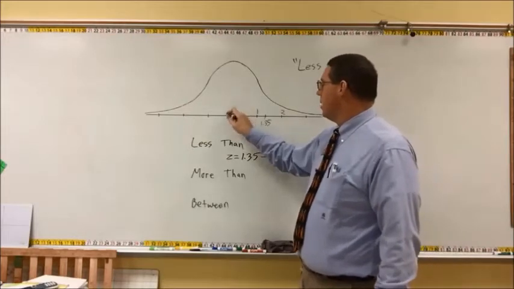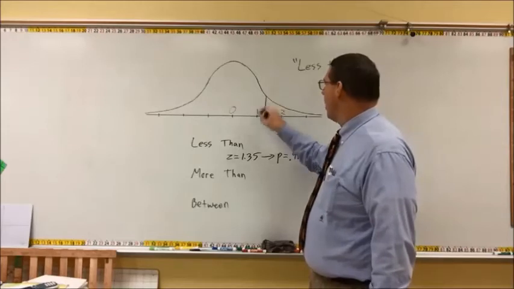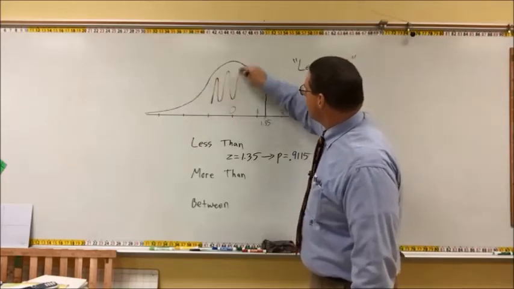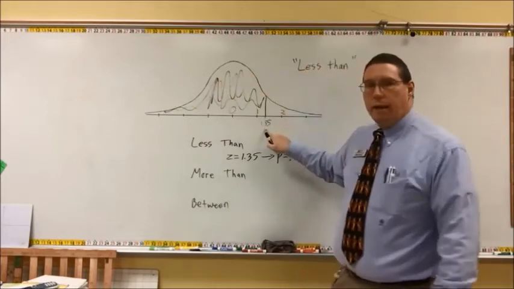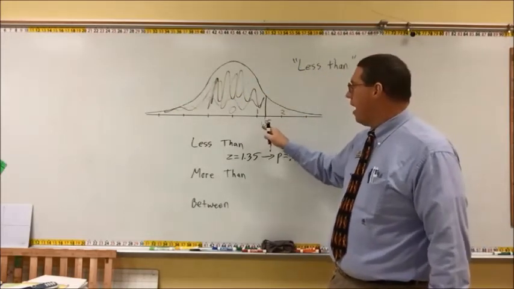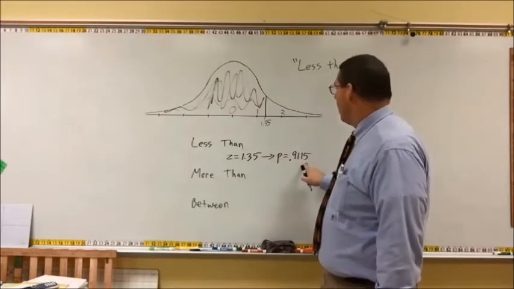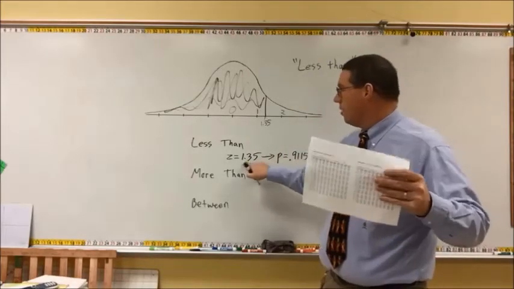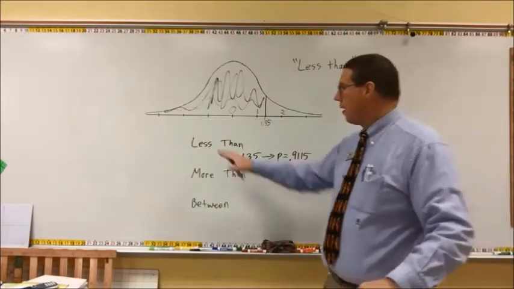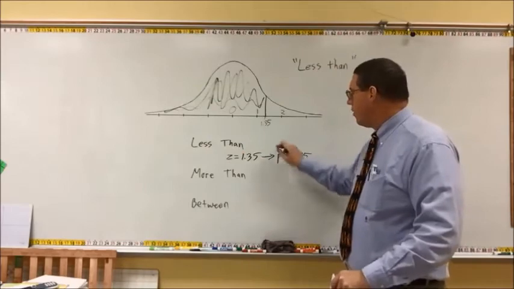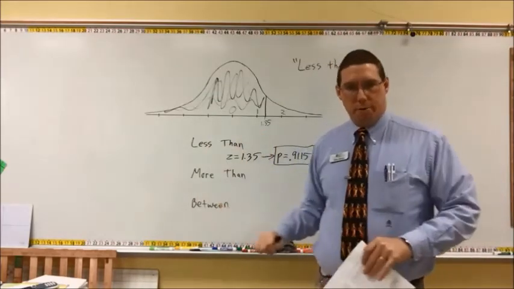And this is the mean, that's 0, right? So this table is telling you the proportion of the curve that is less than this spot, 1.35, and that answer is 0.9115. Because this table gives you less than proportions, if you are asked for a less than proportion, then the number that you get out of the table is your answer.